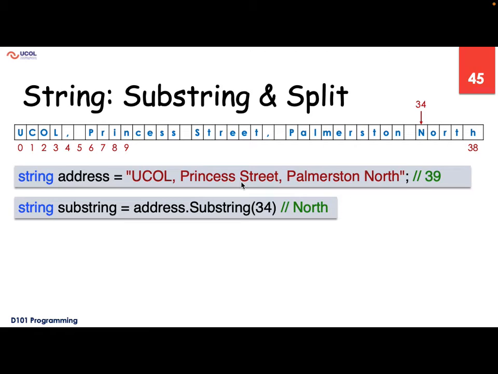So north will be returned. It will return the substring north. If we are giving only one integer value, it will find that particular index position, that is 34, and starting from that towards the end, it will bring out that substring and return it. Clear or not clear?